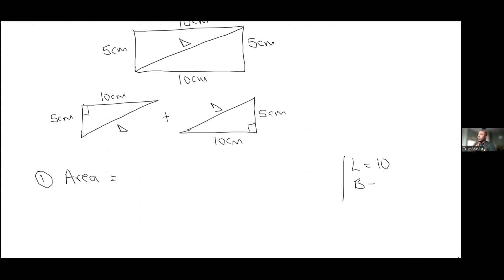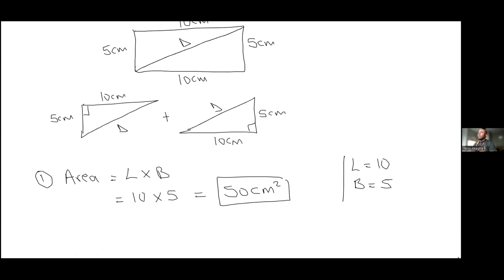So the area is length times breadth, which is 10 times 5. And this is going to give us 50 centimeters squared.